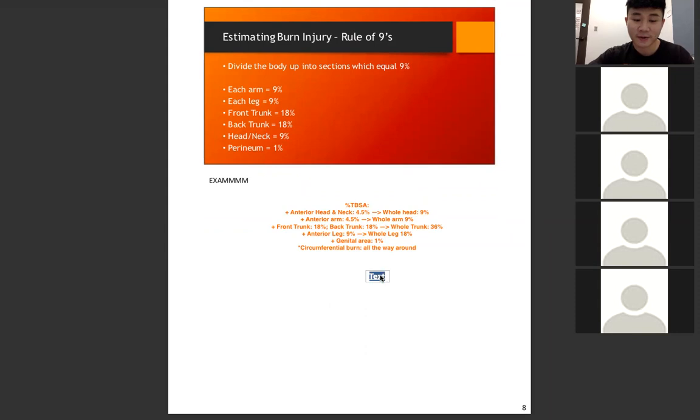So what I said earlier should be circumferential left arm. Thank you. Anterior right leg.